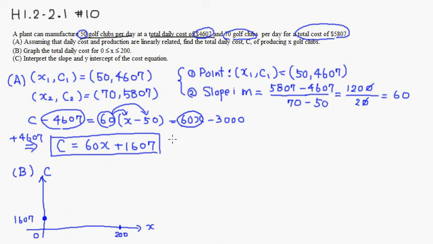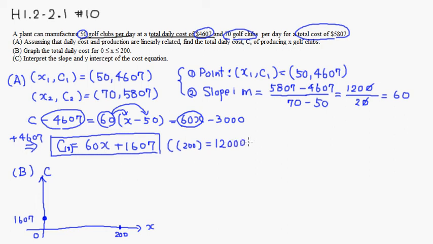If you plug in 200 for the cost function, thinking of this as a function of x, 60 times 200 would be 12,000.